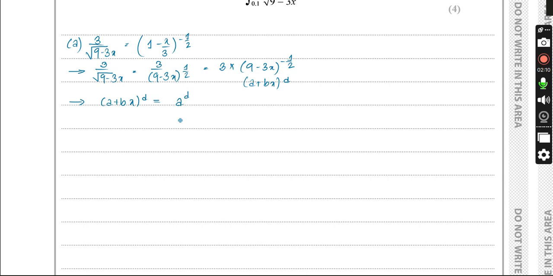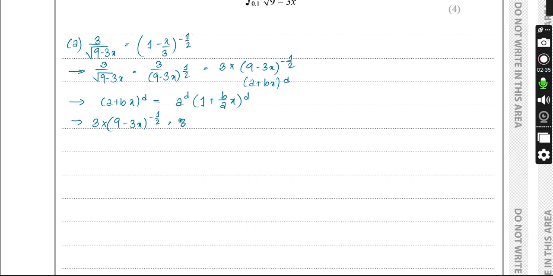We assumed it to be d, bracket 1 plus b by a x to the power d. We'll do the same thing for 9 minus 3x to the power minus half, but we have to keep in consideration that there is a 3 before it. So we need to write the 3 at first. So 3 multiplied by 9 minus 3x to the power minus half.